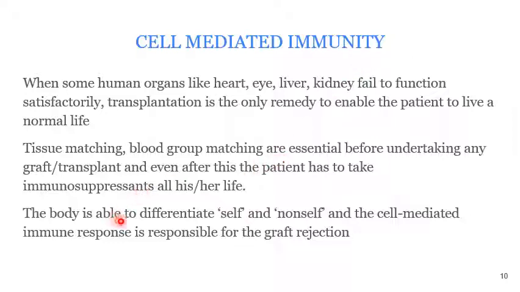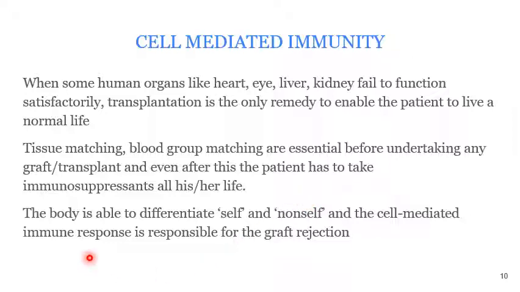Now the body is able to differentiate; it can identify self organs. The body can identify its own organs, and then cell-mediated immunity will not do anything. But if you get a non-self organ, a non-self tissue, a tissue that is not of your own type, then the cell-mediated immunity may work very strongly and it may reject it, or it may accept it if it is possible.